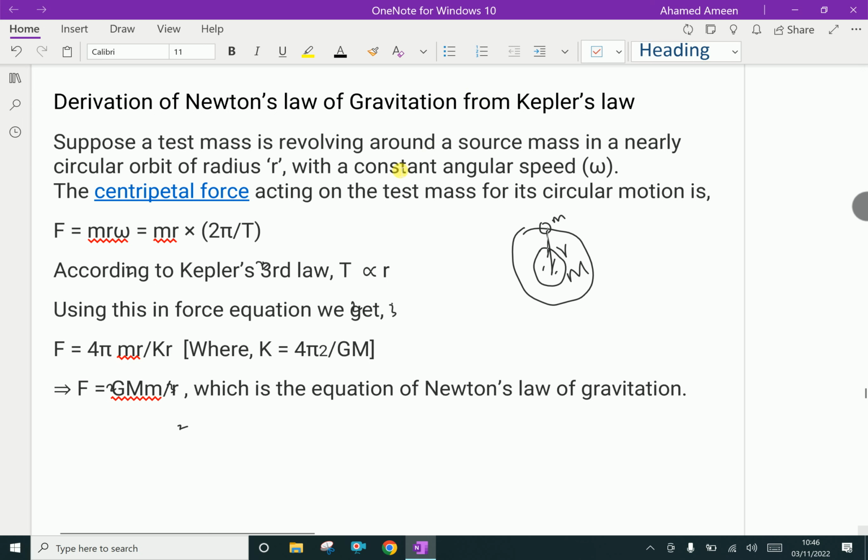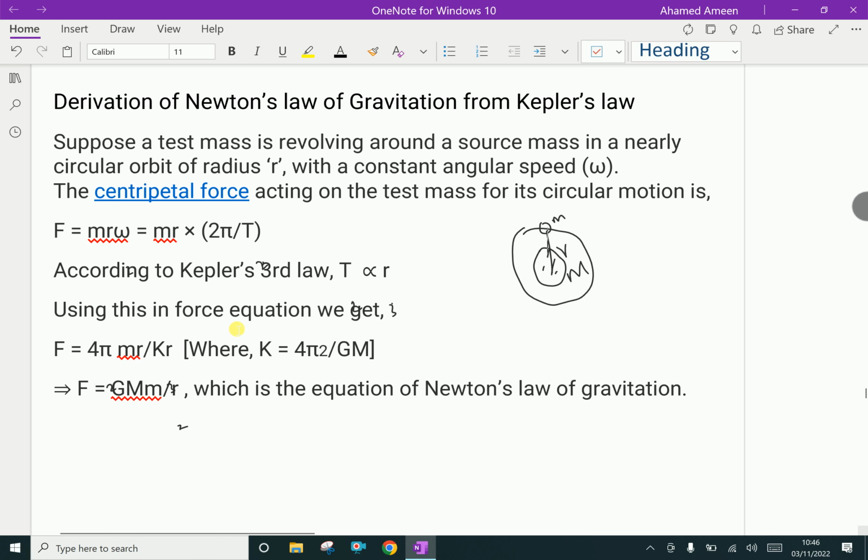Here F equal to m v omega, because velocity is r omega, that is m v. This is the force, which is equal to m r omega squared, where omega is 2 pi by T, T being the time period of revolution. Then according to Kepler's third law, T squared is proportional to the cube of the distance between them, that is, the revolving time is related to the radius.